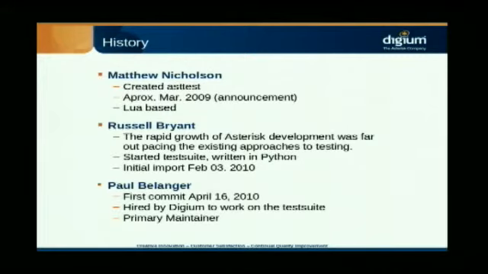So it's grown tremendously over the last 20 months from something Russell did at his desk to now we have Matt Jordan in the back. He's at Digium. He's been there for 3 months, and he's already working on some pretty cool stuff to detect core locks and memory leaks and all the tools in Asterisk, but we're automating it.